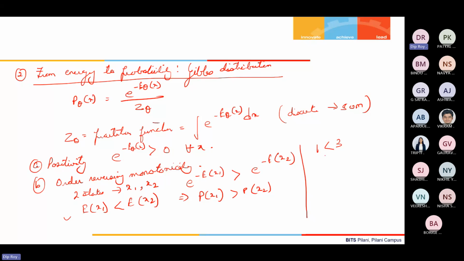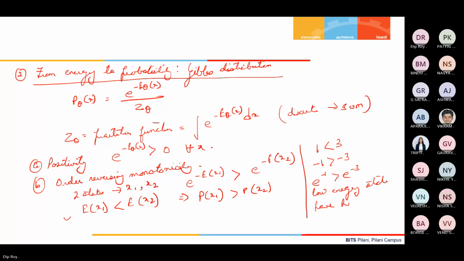So what will happen? Minus 1 is greater than minus 3, right? It reverses. And if you put this in, e to the power minus 1 is greater than e to the power minus 3. So low energy states have high probability.